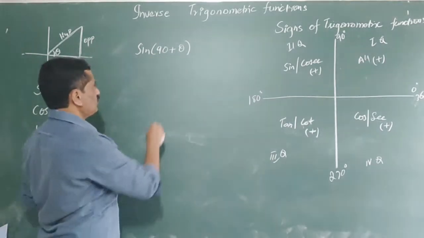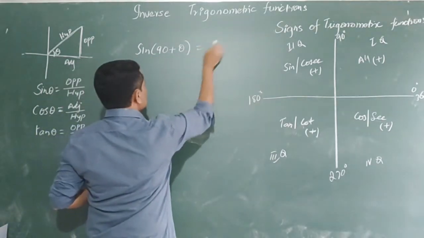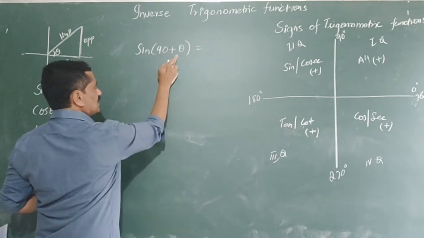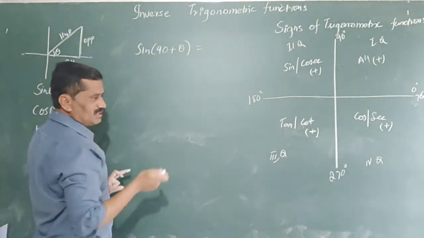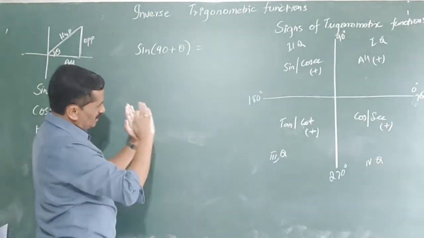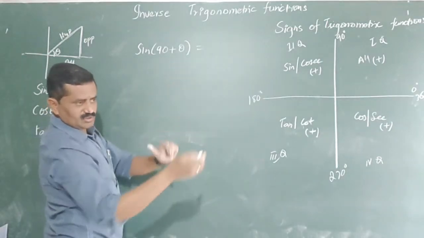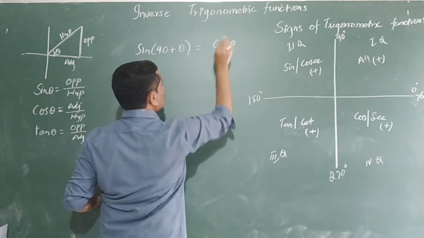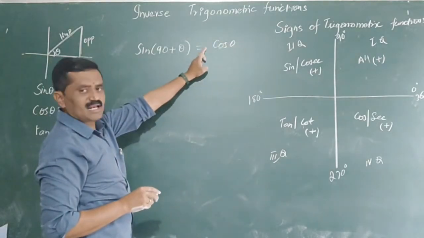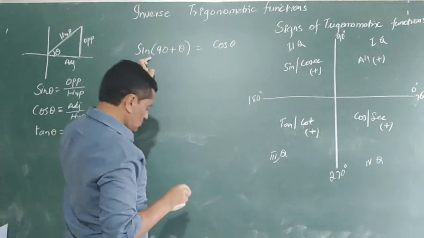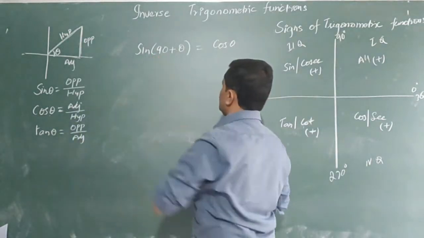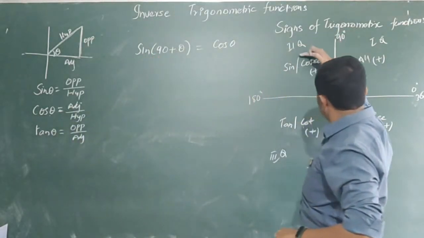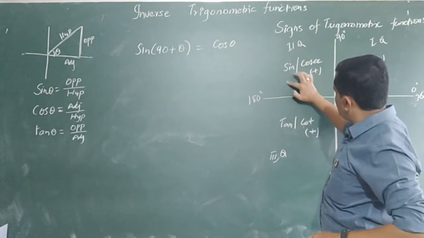We know that whenever we use 90 plus or minus theta or 270 plus or minus theta, the ratio changes to its co-ratio, that is we have cos theta. Once again we have to observe the sign of this. So 90 plus theta comes in which quadrant?